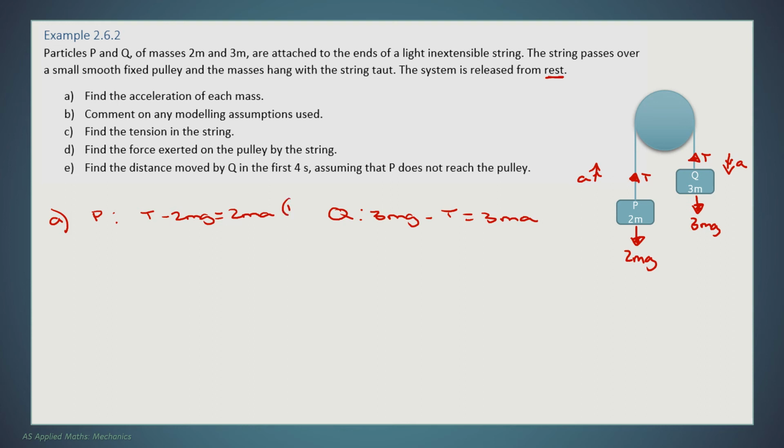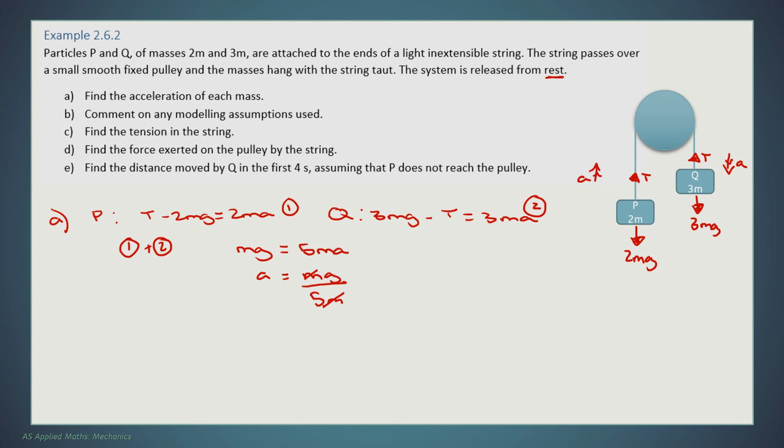Adding those two equations together, so just with practice you can see that this is getting a bit repetitive. These are the questions you hope come up, because it should be obvious how to solve them, because you'll have done it so many times. And this is where, when we're doing our algebra, I'm going to divide through now by 5m, and the m will cancel just by algebraic fractions.